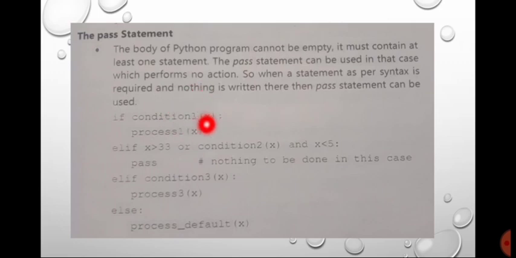If this condition is there, the action given is that x is processed here. elif x > 33 or condition2(x) and x < 5: pass. Nothing to be done in this case. That means when pass executes, no action is taken. elif condition3(x): process3(x), else: process_default(x). So in this way the pass statement is used.